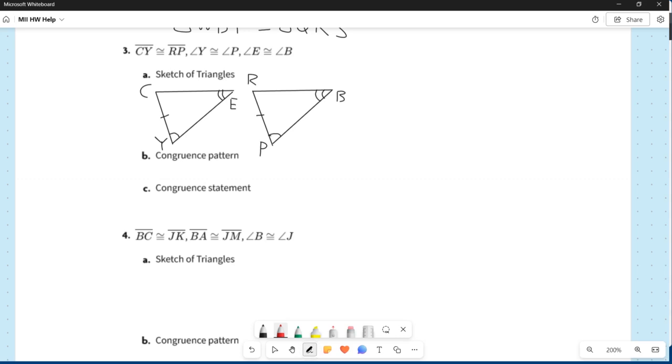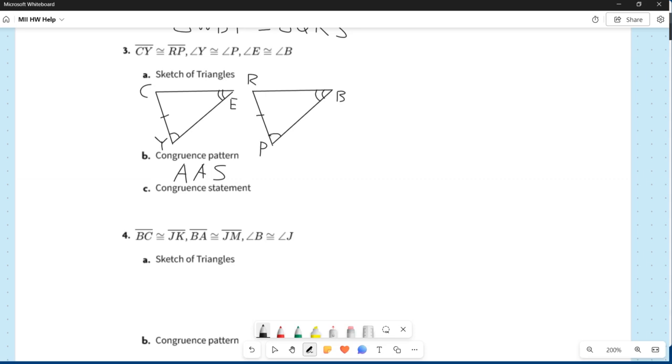So what that means is our congruence pattern should be angle, angle, side. Notice that when you look at AAS, the S is not between the 2 A's, right? And that's different from angle, side, angle. So we have angle, angle, side.